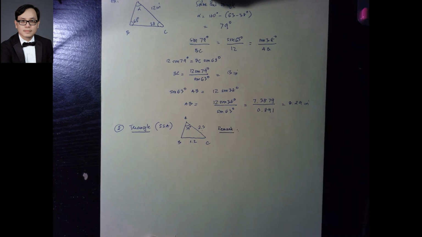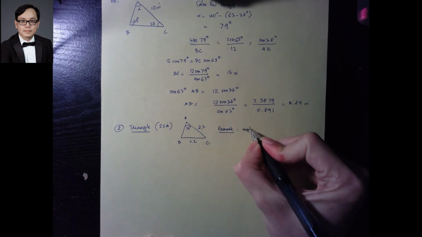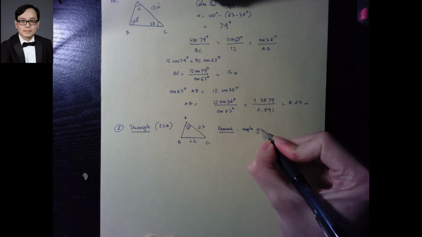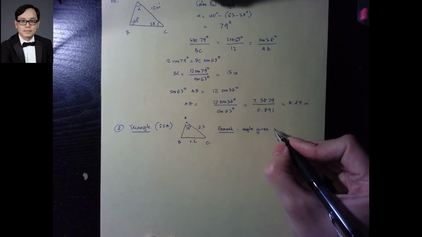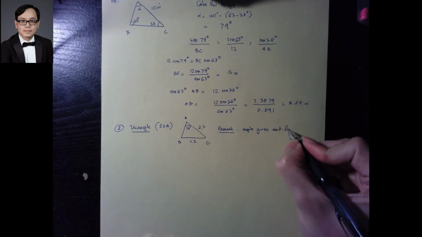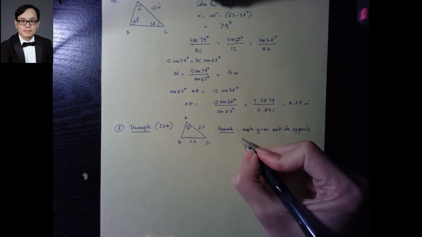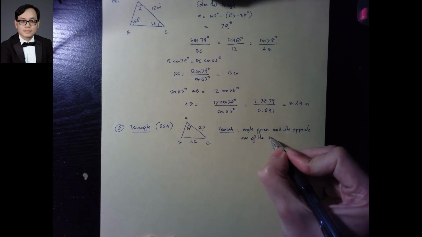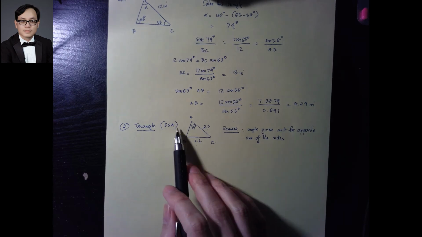The angle that is given must be opposite one of the sides, because if it's not opposite one of the sides, then this cannot be considered a side-side-angle case.